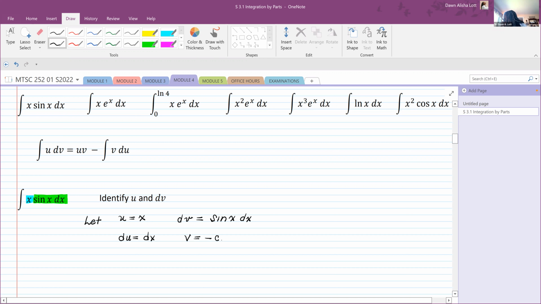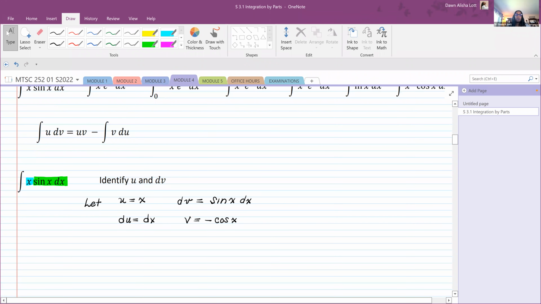So that's minus the cosine of x. And I don't have to worry about the plus c because the constant falls out of the problem. All right, so now I know that this part right here is dv, and this part was u. Notice we have everything: we have u, du, dv, and v.